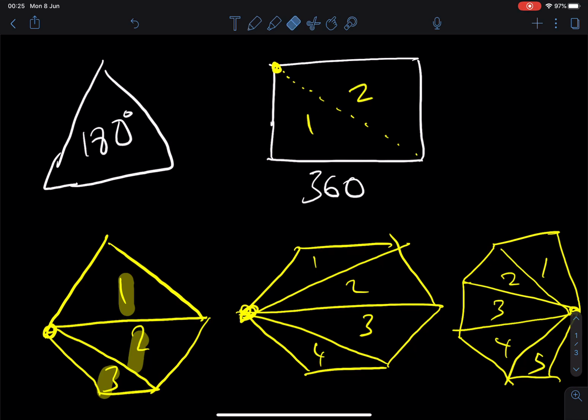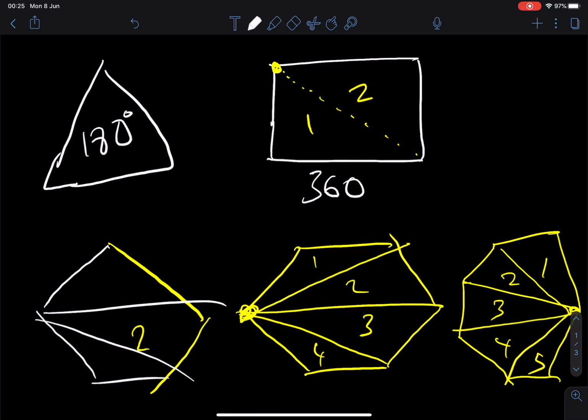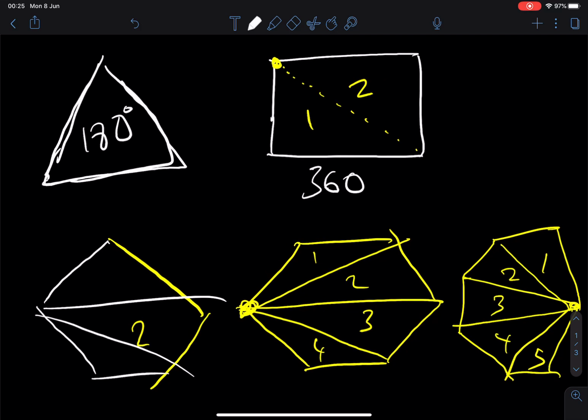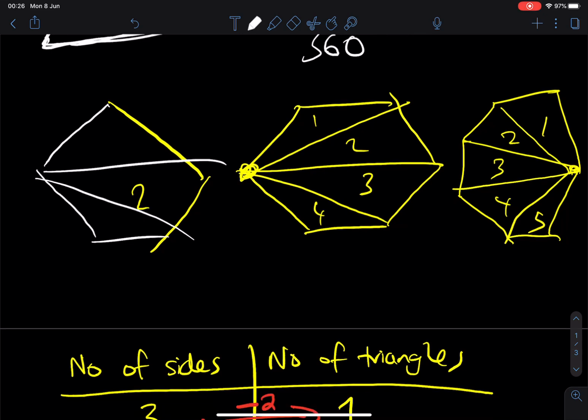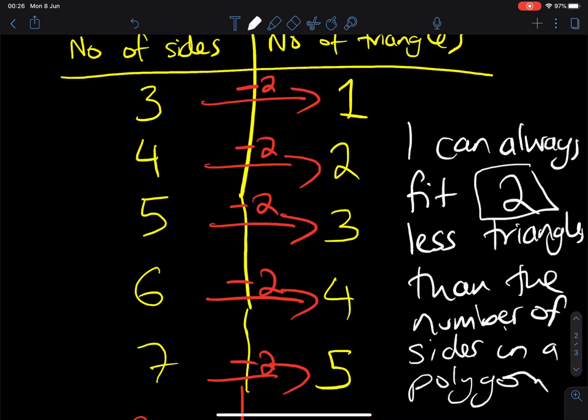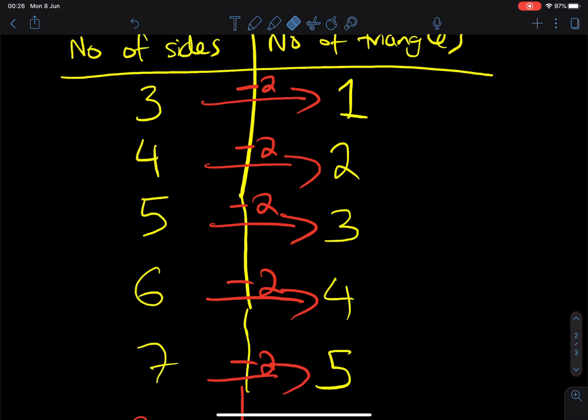Because now, using some knowledge that we should already have, I know that each triangle is 180 degrees. So therefore, 2 triangles must be 180 times 2. 3 triangles must be 180 times 3, and so on.